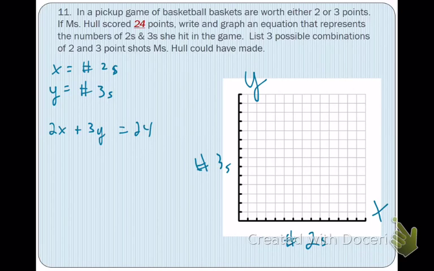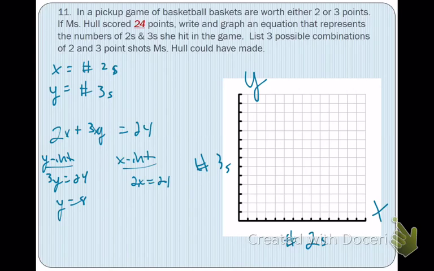So, for the y-intercept, cover up x and get 3y equals 24. Divide by 3 and y is equal to 8. For the x-intercept, cover up y. You get 2x equals 24. Divide by 2, and x is 12.